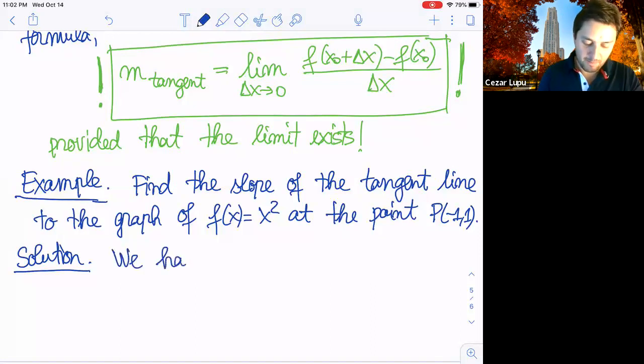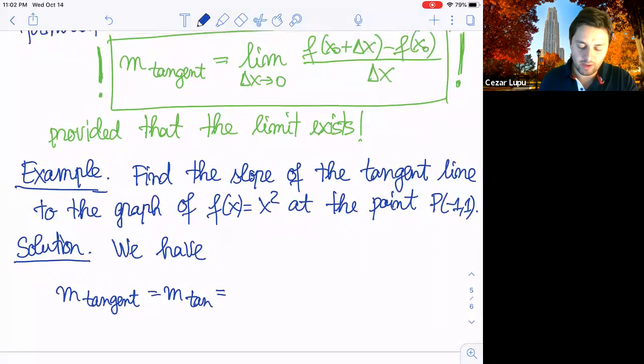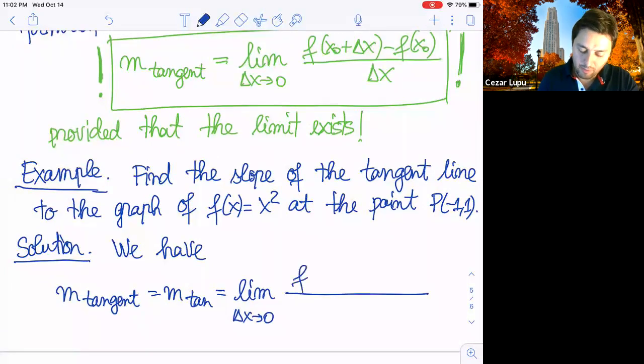So we have the slope of the tangent line. At some point I will abbreviate tangent as m tan so that I don't need to write the word tangent over and over again. So by the formula, this is nothing else than just the limit as delta x approaches 0 of f of x naught, which in our case is -1, plus delta x, minus f of -1, and here we'll have delta x.